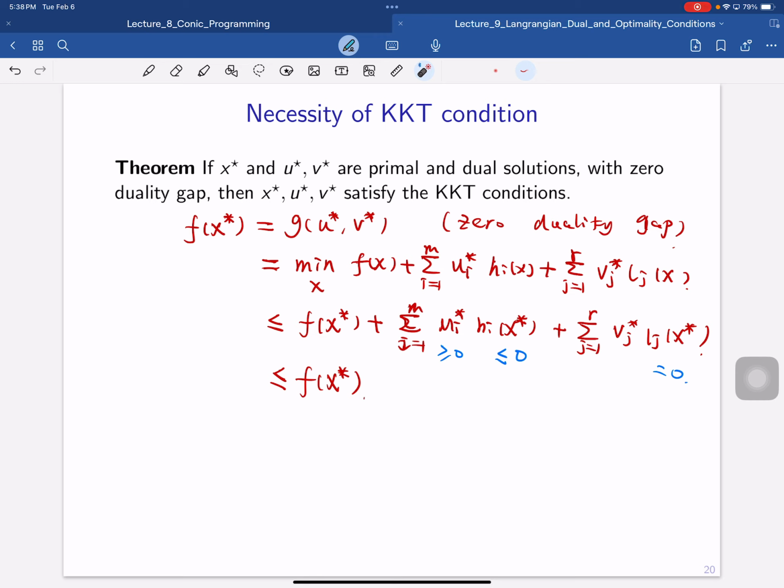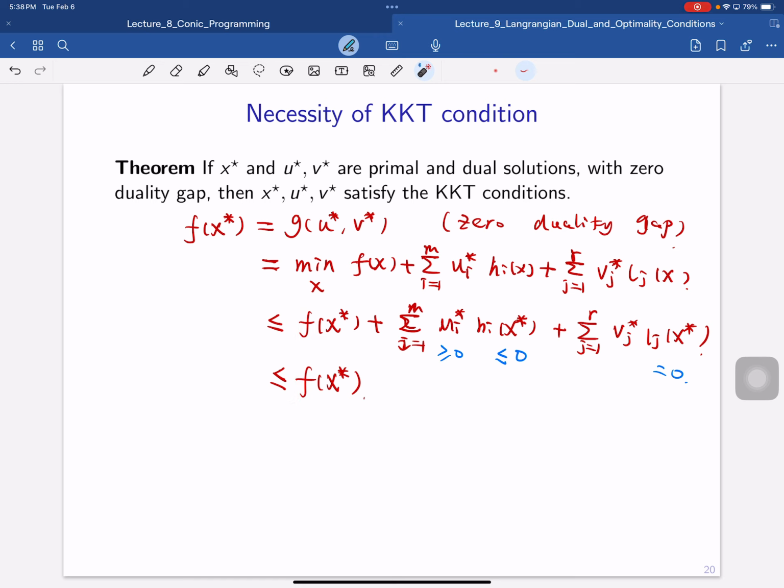Okay, so now that's all the inequalities I want to write down. What do we observe from this chain of inequalities? Maybe ask this question: are those inequalities always equalities?